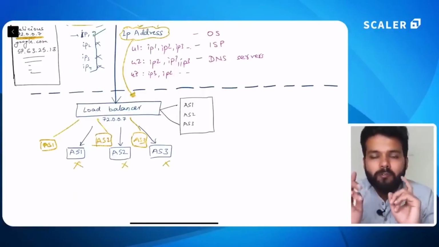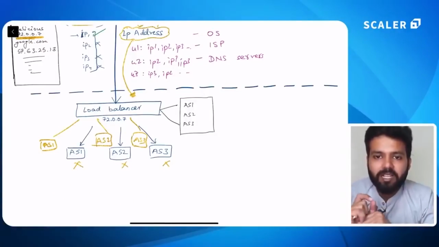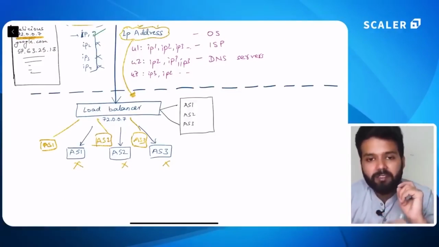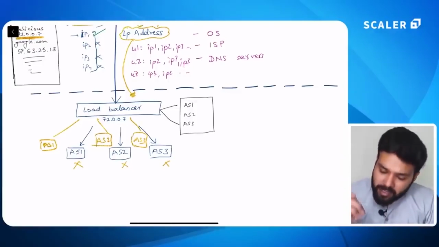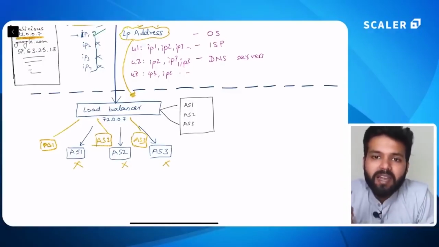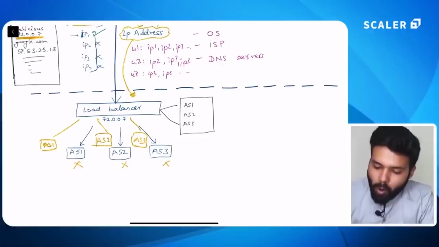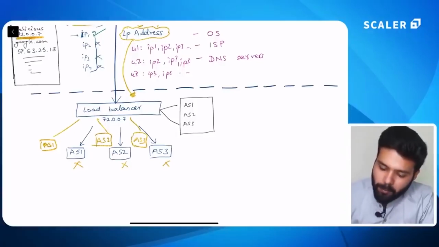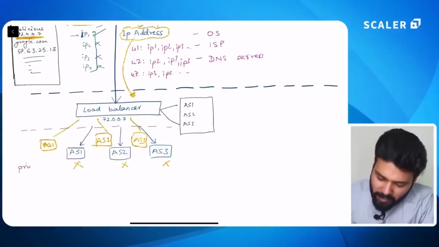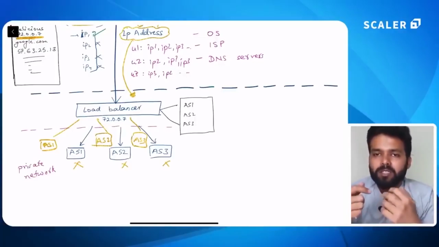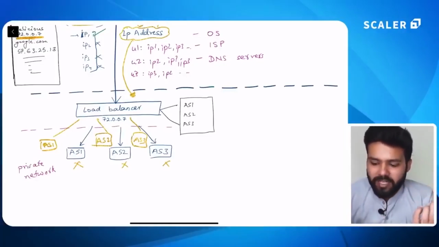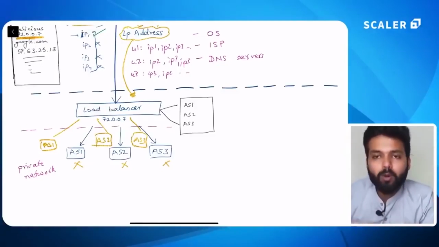Lastly, one very important benefit that we get out of having a gateway machine fronting my application server is that this gateway machine also provides a layer of security. How? All the machines that are below the load balancer can typically be in my private network, meaning these instances can be disconnected from the internet, and whenever they want to use any data from the internet, it will come only via the load balancer.